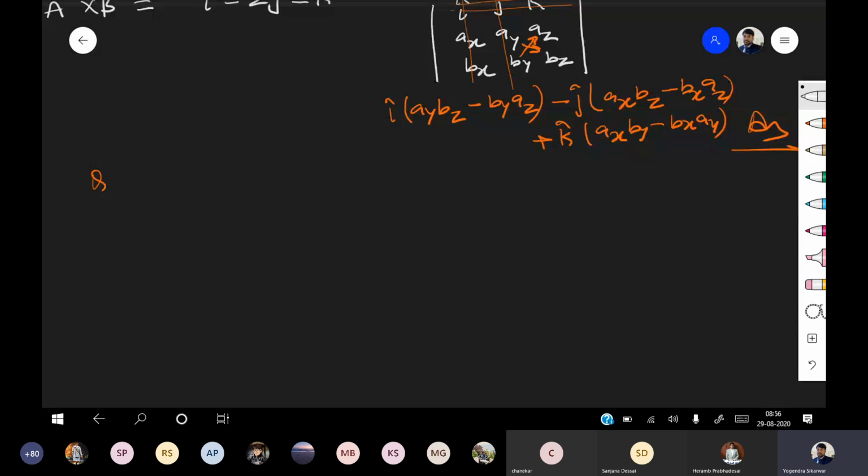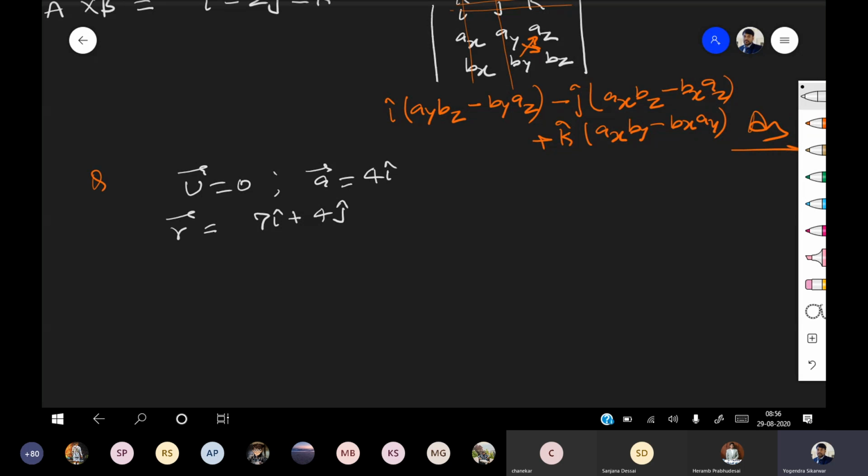Next question. An object from rest moves under acceleration of a is equal to 4i. So that means u is equal to 0 and a is equal to 4i. And its final position r vector is equal to 7i plus 4j.